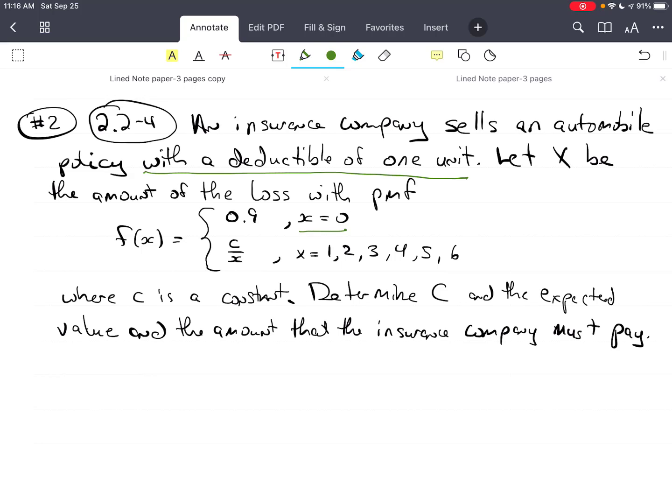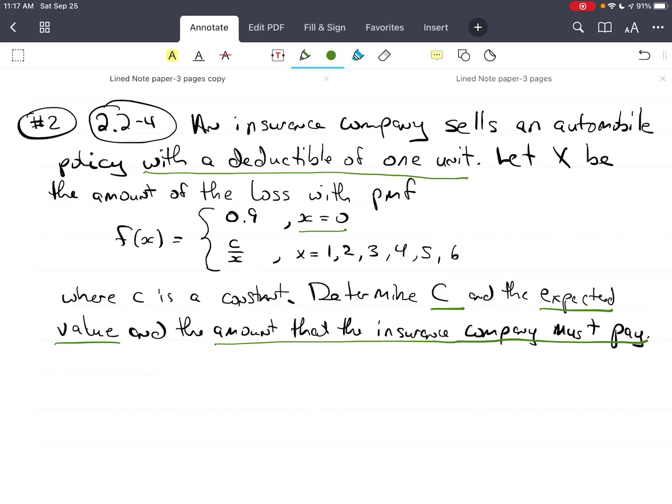And in order to make this a PMF, we need to find what the constant c is. And that's what it says. It says determine c, and then also determine the expected value of the amount that the insurance company must pay. Again, we're going to have to be careful because there is a deductible of 1 unit. If you forget that, you get the completely wrong answer.